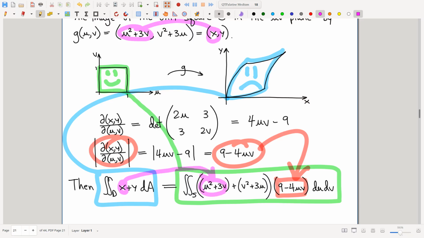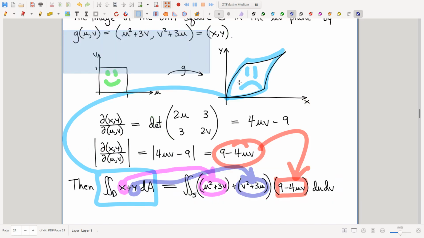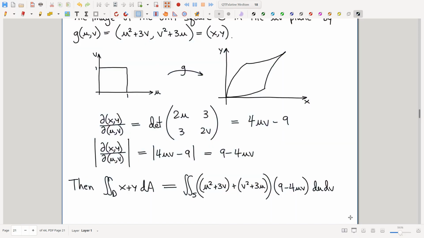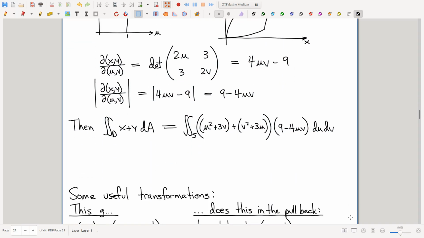What is x? x is that thing. And likewise, what is y? Well, y is the second output. I have a formula for the second output. So this y is that thing. Got ourselves a new integral. Let me get rid of all of these marks. We'll call it a day in just a moment.